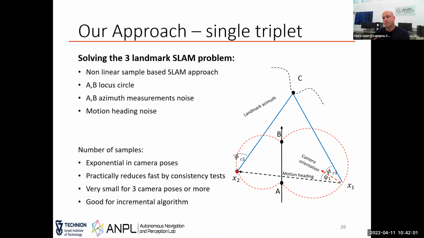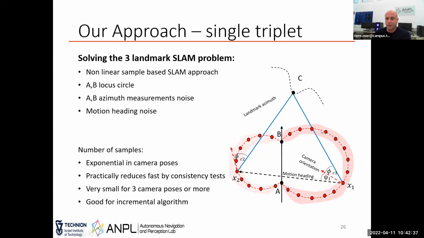The way we solve it, we don't use the standard Gaussian inference. We just use a sample-based approach, okay? So given x1, the measurement of camera 1 for A and B landmarks, we just sample the pose of camera 1 on this locus circle, and then we sample the pose of the second camera on the second locus circle, and we also assume measurement noise.